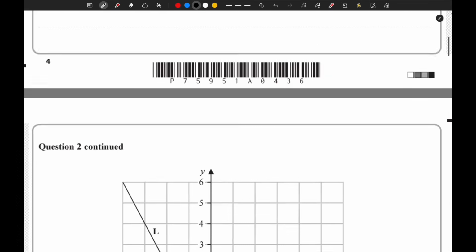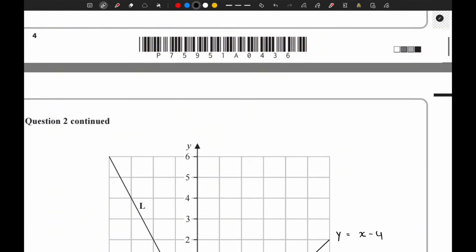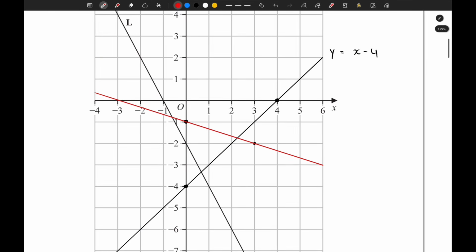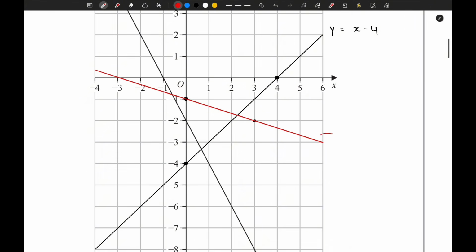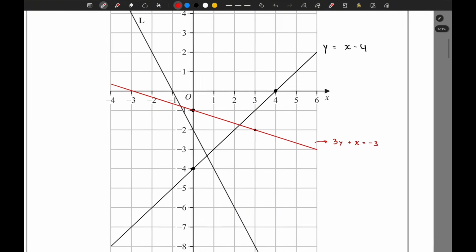One of them is 0 and minus 1, and the other coordinate is 3 and minus 2. So that line will look something like this. And then finally we need to extrapolate the point. So this line has an equation of 3y plus x equals minus 3.